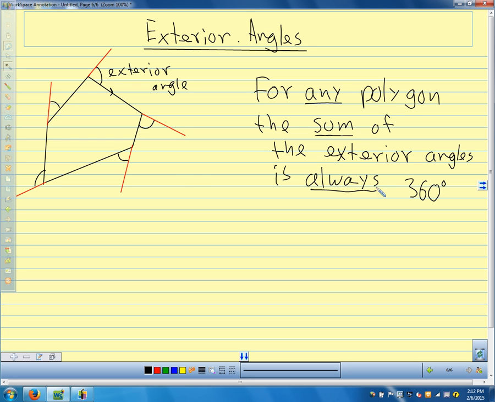So that's kind of what's going on there. All right, so exterior angles are nice. And then for a regular polygon, all the angles are the same.